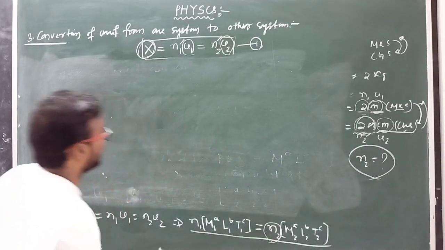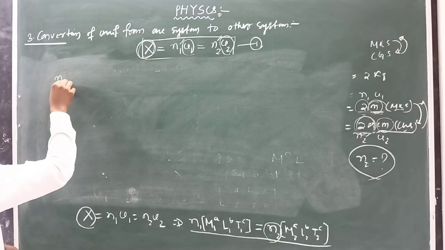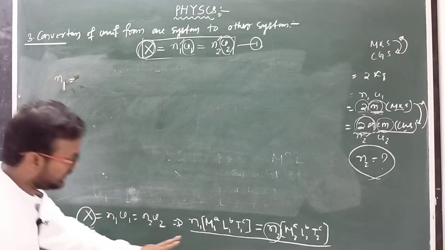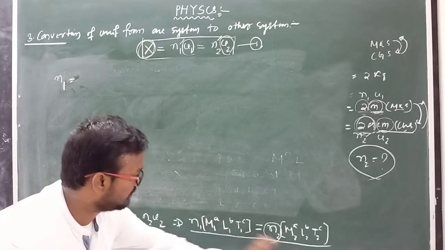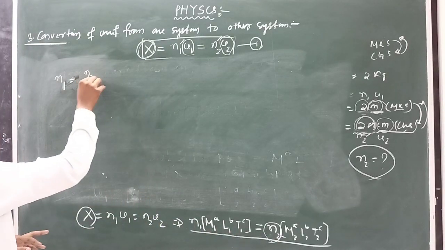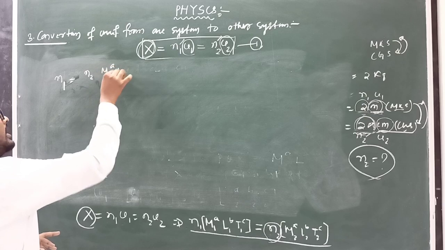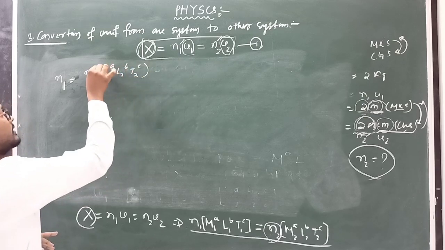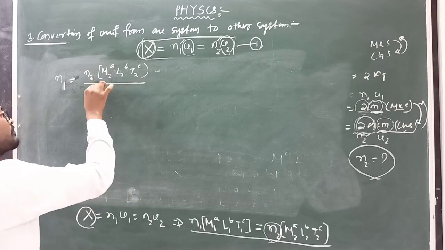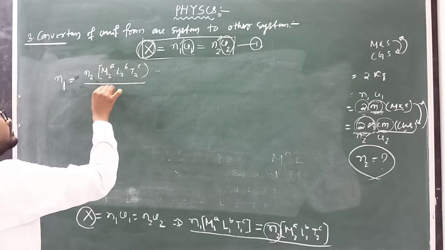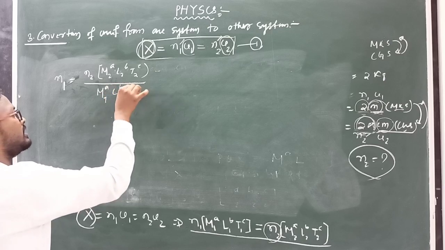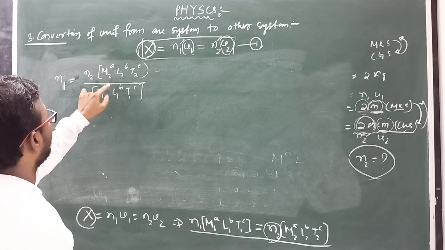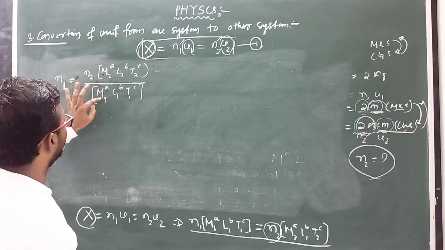Here n2 we can write as n1 times m1a l1b t1c divided by m2a l2b t2c. Clear? Hmm, rather, writing it that way: n2 equals n1 times m1a l1b t1c over m2a l2b t2c.